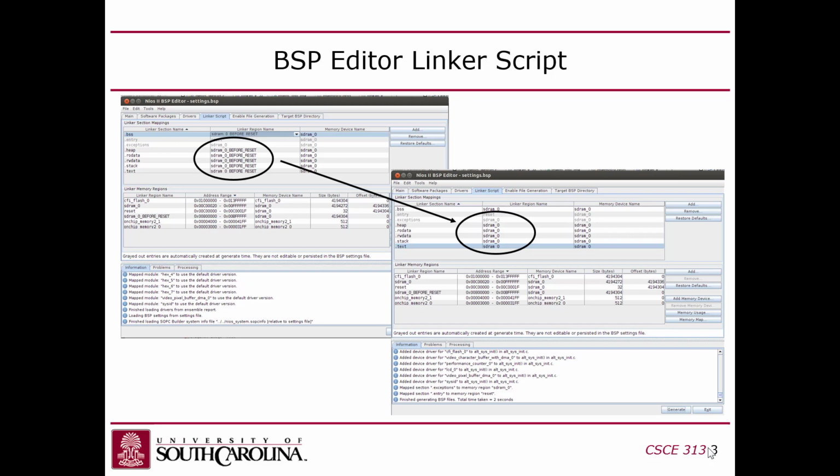So the linker determines where each of those sections is placed when you load the ELF file. We want the ELF file for CPU 1 to go into a different place than the ELF file for CPU 0. We want them in two different parts of the memory.